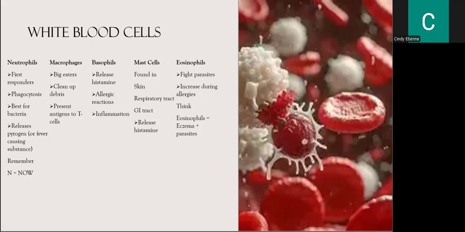Finally, eosinophils specialize in fighting parasites and are often elevated during allergic conditions, such as asthma and eczema, hence the reason why asthma and eczema are pretty much hand in hand. Remember, neutrophils fight bacteria first, macrophages clean up, basophils and mast cells release histamine, and eosinophils fight parasites and allergies.